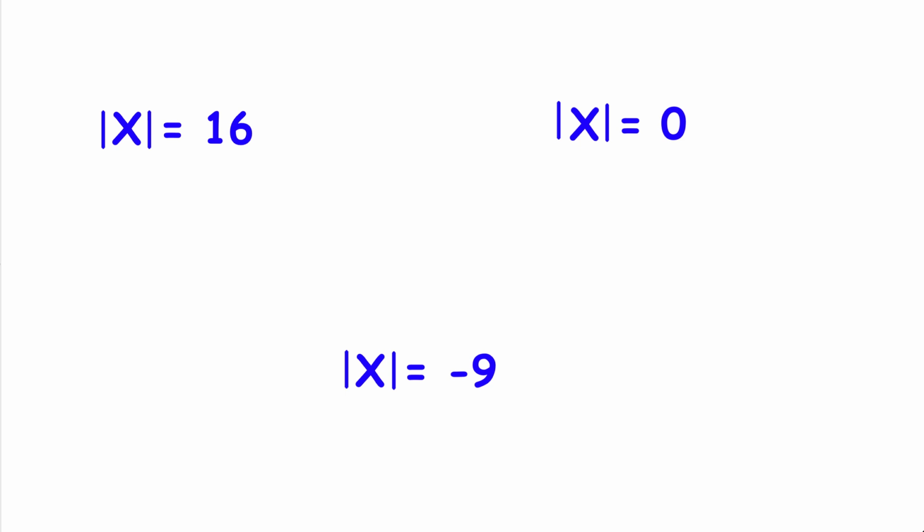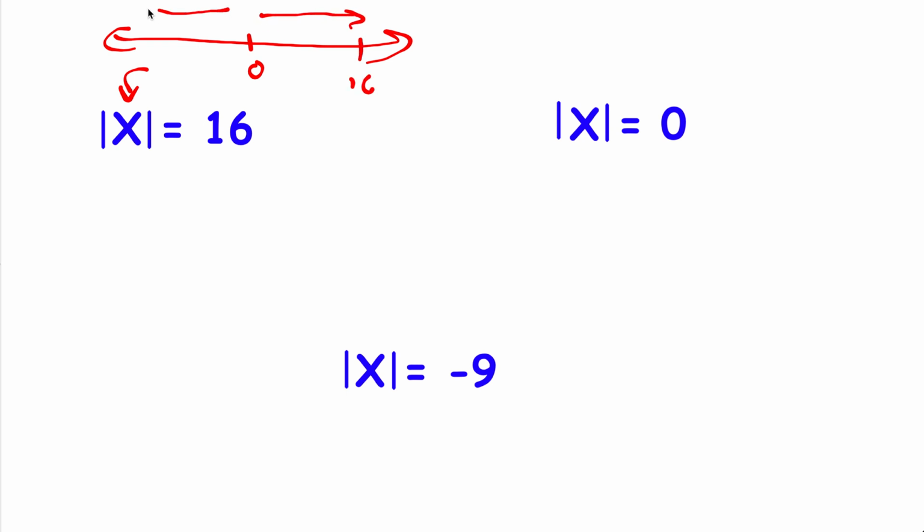Well, if I'm looking at the absolute value of something to equal 16, so now I'm saying here's zero on a number line. If I go 16 units that way, that's 16. But what if I go 16 units the other way?